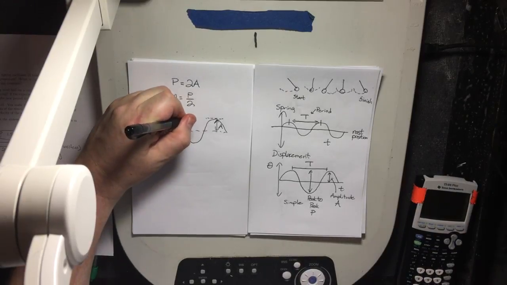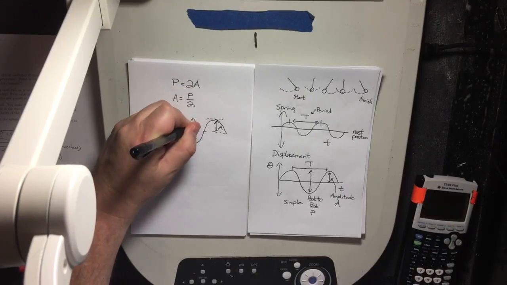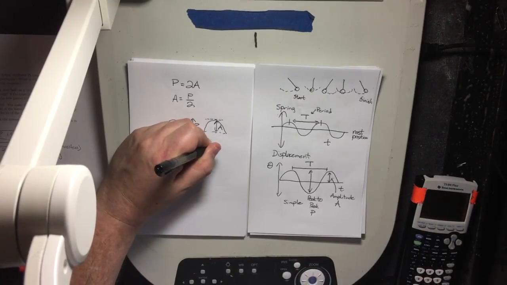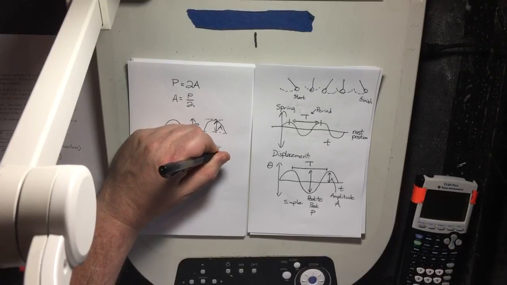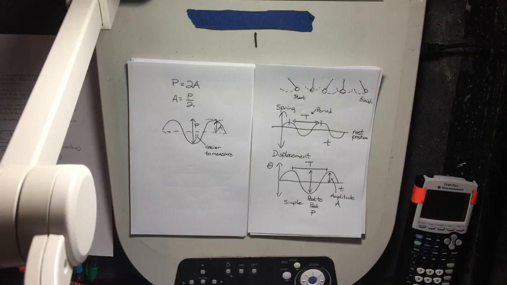The best way to do it is to measure that distance. Easier to measure. So if you measure the peak to peak, all you got to do is divide by 2, and then you have a much better opportunity, or a more accurate way, of determining amplitude. So it doesn't have to be that hard.